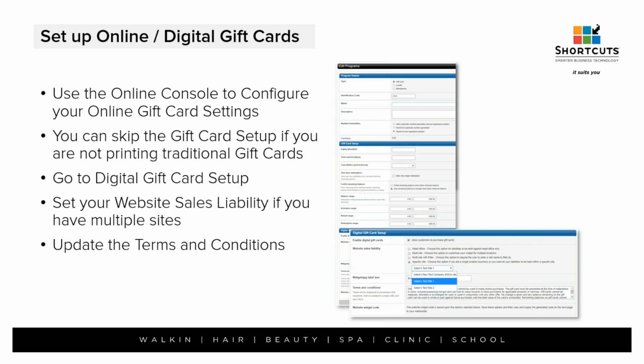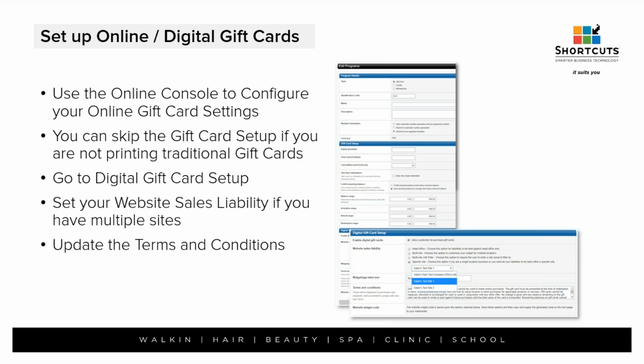Once you do that, there's some terms and conditions, standard legal boilerplate. You're welcome to update it with any language that you'd like. Then Shortcuts will recognize that you have an online gift card program, the liability is held at a certain location, and you have standard terms and conditions.